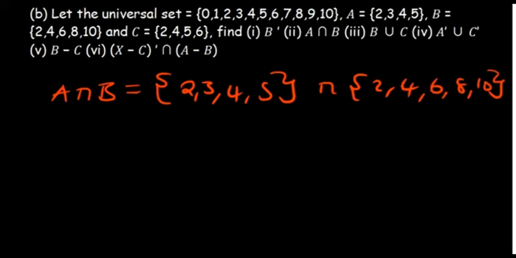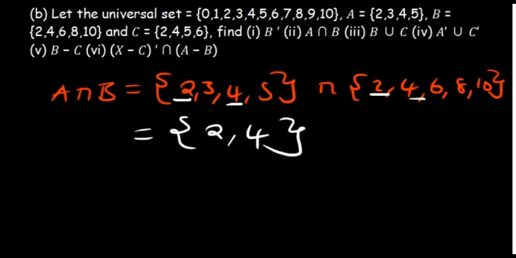For the intersection, we are interested in the common elements. So look at the two sets. What are the common members of these sets? I can see that 2 is common. I can also see that 4 is common. Is there any other element that is common between the two sets? So our answer for A intersection B is just 2 and 4.